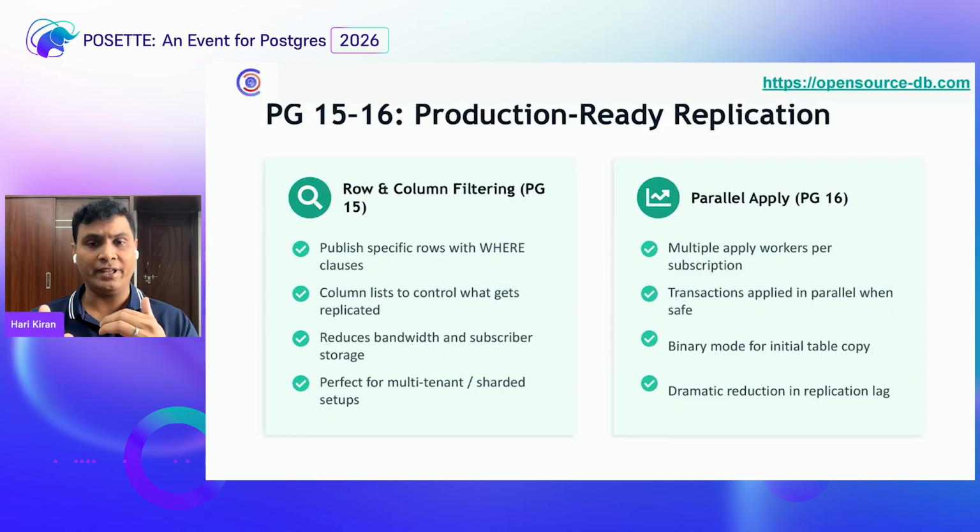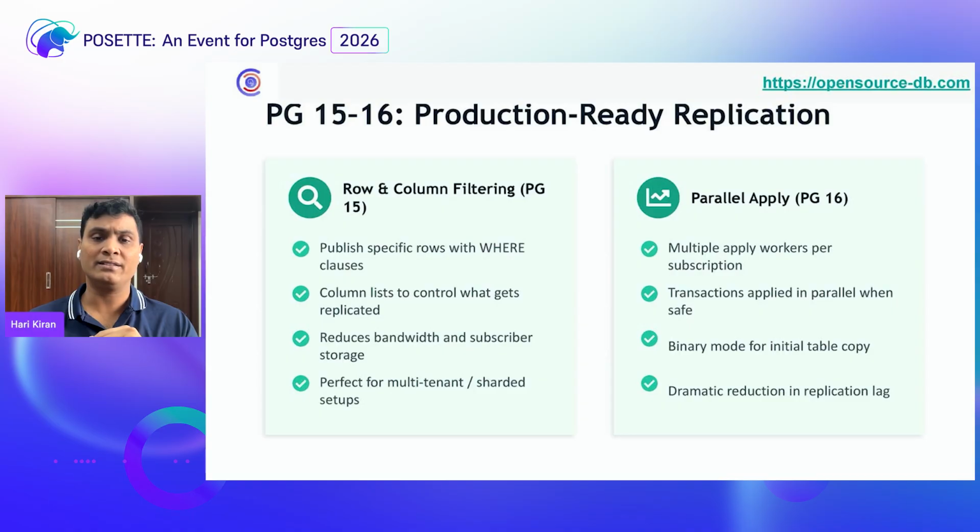Before PG15, a publication was all or nothing, right? You publish the entire table. Now you can write something like, I will create a publication for a specific table called orders, where region is equal to APAC, and only APAC region orders get replicated to the subscribers that are in place, right?